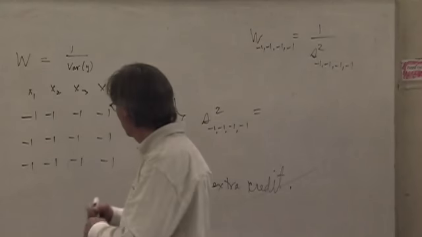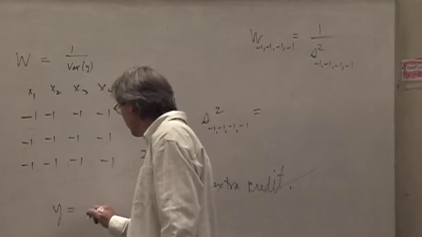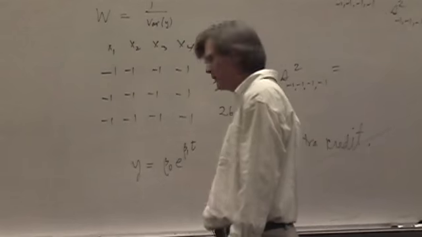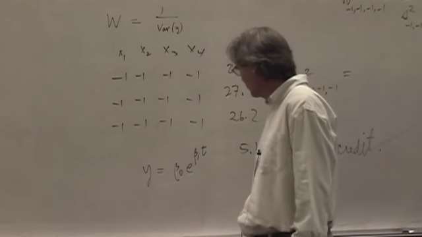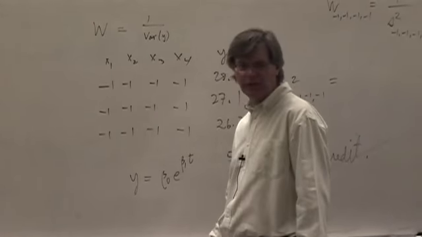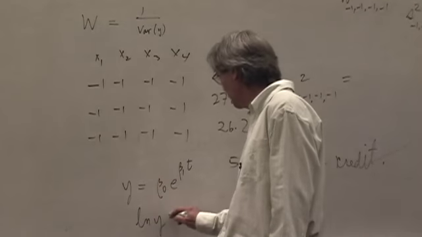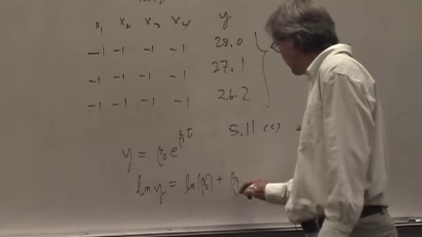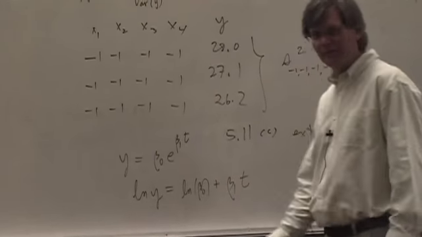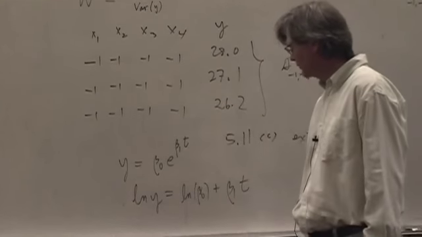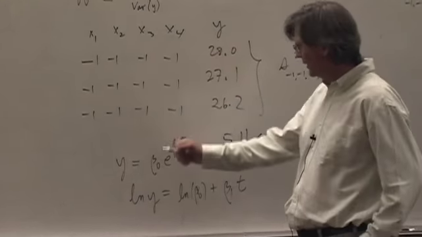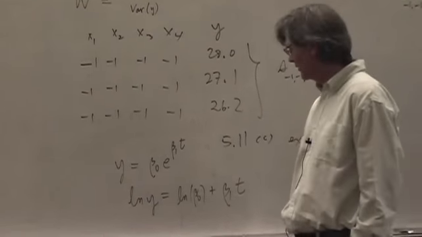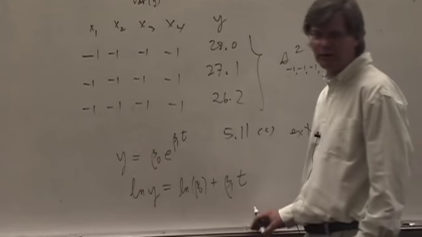If I have exponential growth or decay, y equals beta 0 e to the beta 1 t, then I can transform that simply by taking the log of both sides. The log of y is equal to log of beta 0 plus beta 1 t. So this is a case where the equation is transformably linear, at least by transforming the y variable.